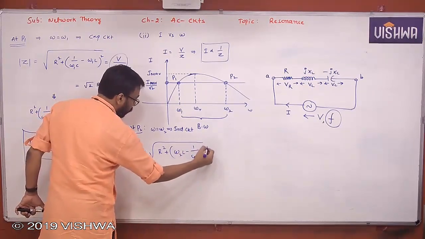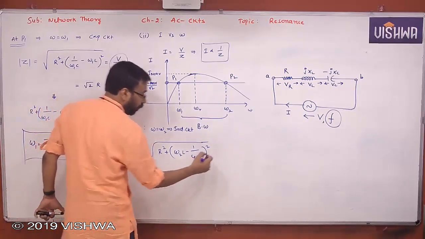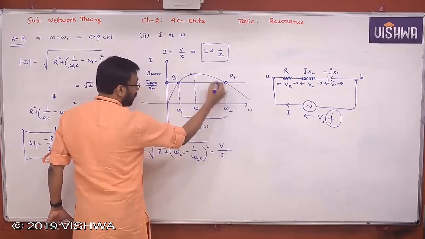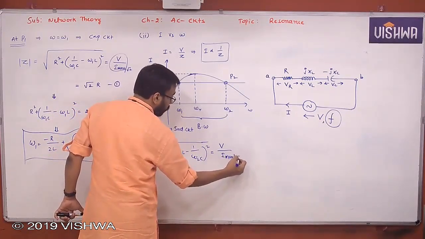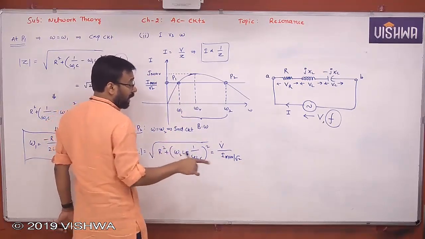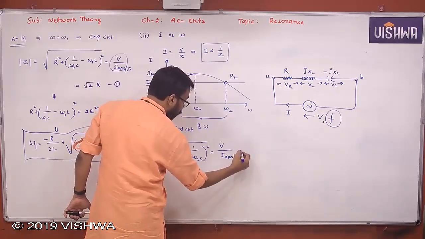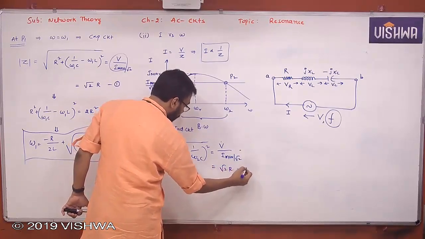Because it is inductive, we take XL minus XC. The frequency is omega 2, and it is again V by the current flowing at this point, also I max by root 2. V by I max is Z, and Z at resonant frequency is R only. So again it becomes root 2 times R. This is the second equation.